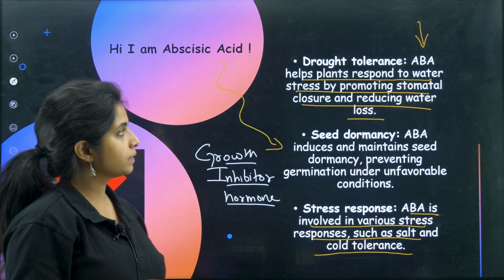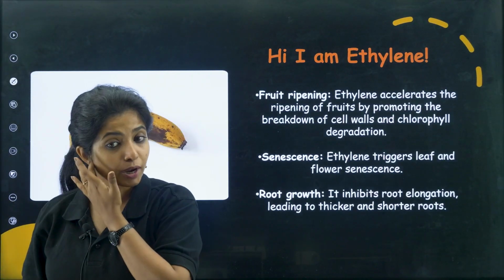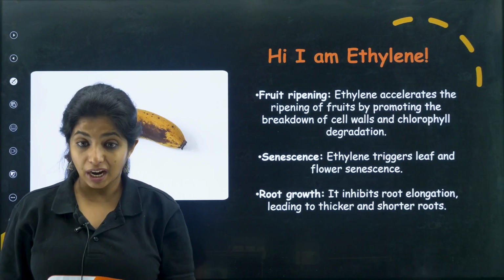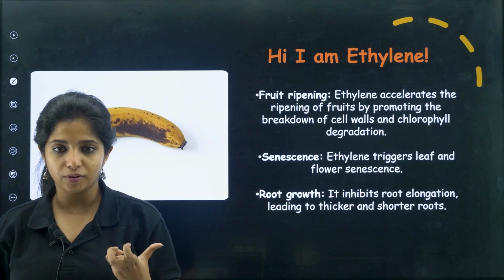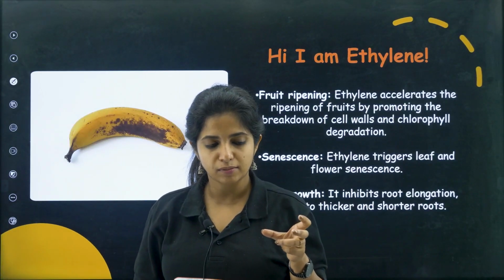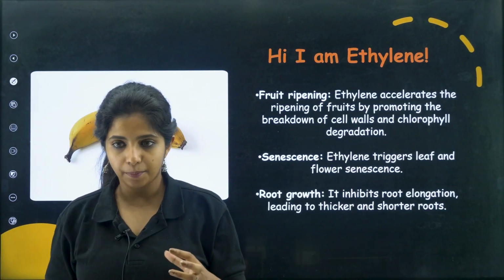Okay? Now, next thing, the last one, ethylene. Ethylene is also a fun hormone. Ethylene is the one that will make the fruits ripen. Ethylene is a volatile gaseous hormone. So if you have a ripe, let's say, banana, and if you keep it between unripe ones, the other ones will also ripen up. Why does this happen?